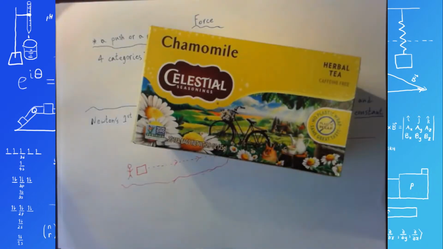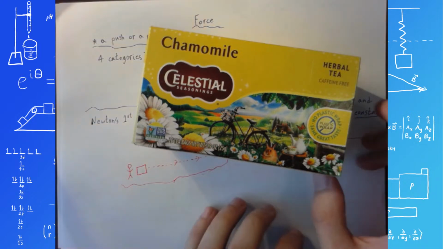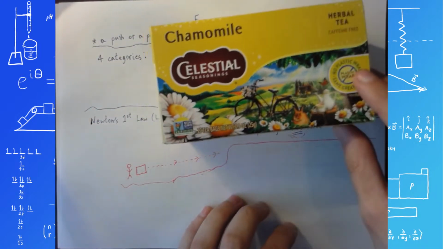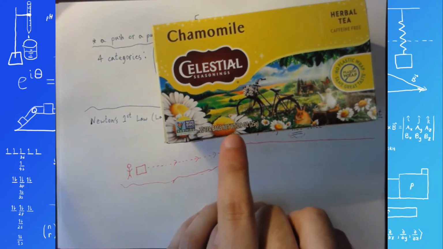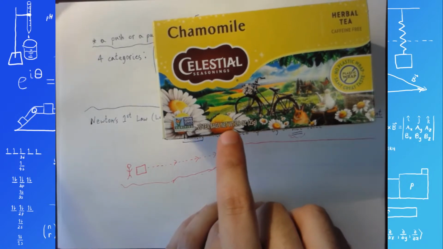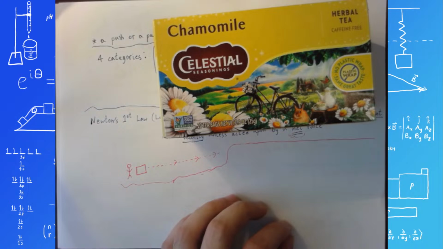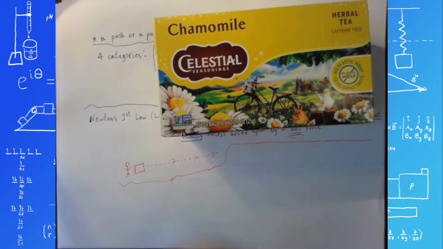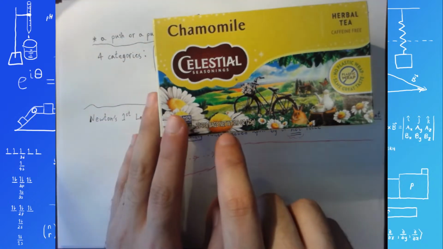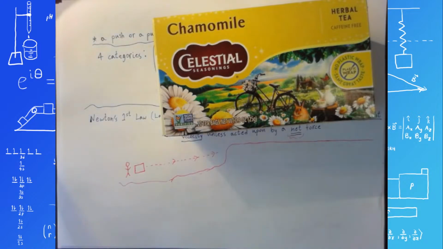Here we go, my precious box of chamomile tea. So what you notice down here at the bottom is it says net weight 0.9 ounces or 25 grams. Now, we can forgive them for misusing the word weight. What they should be saying is mass, but nevertheless, net weight 25 grams. What does that mean?